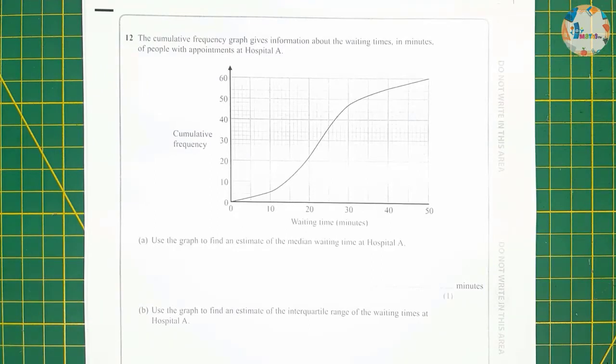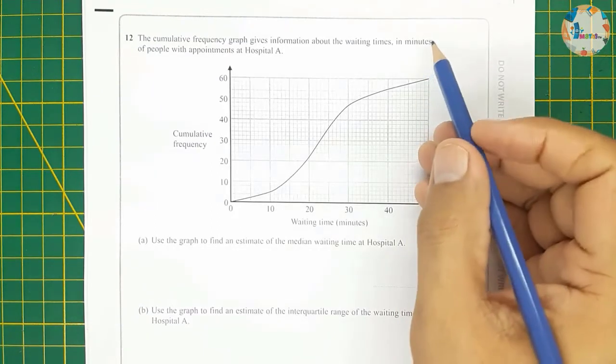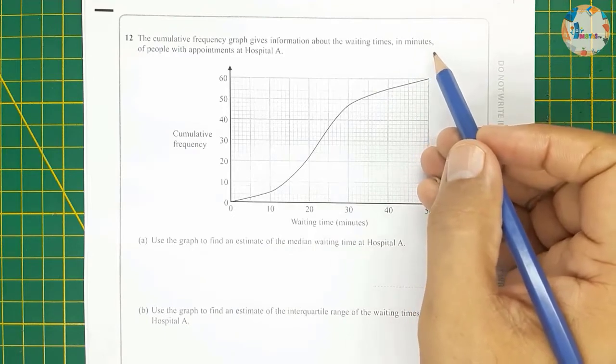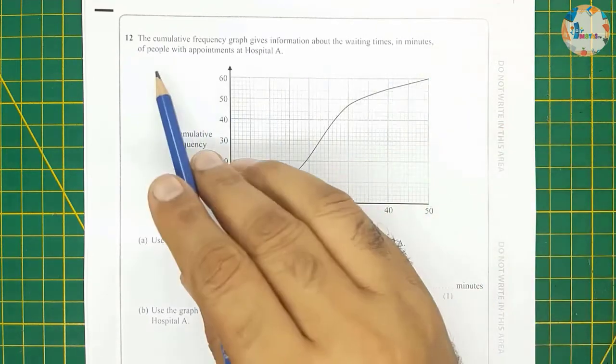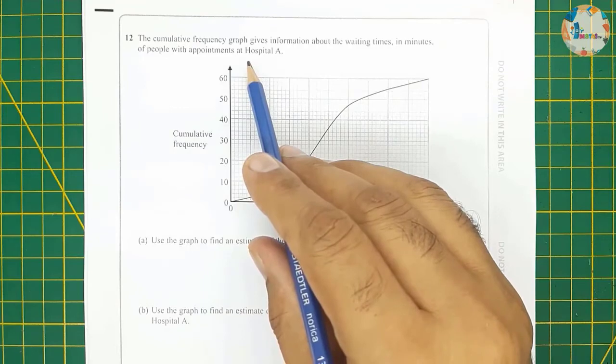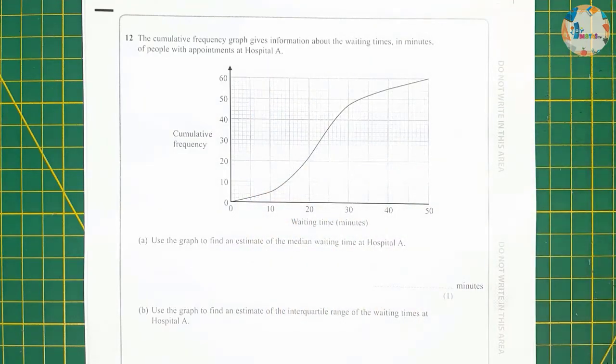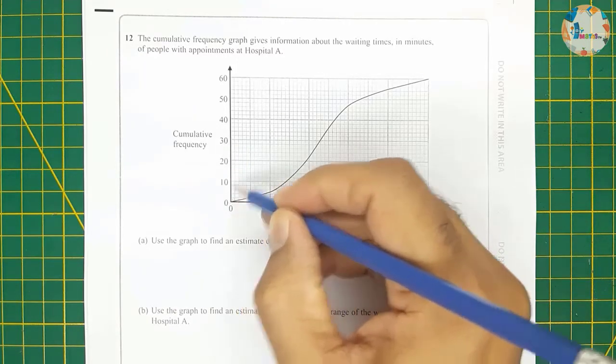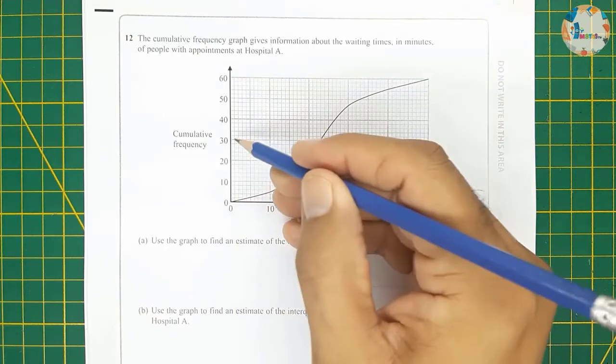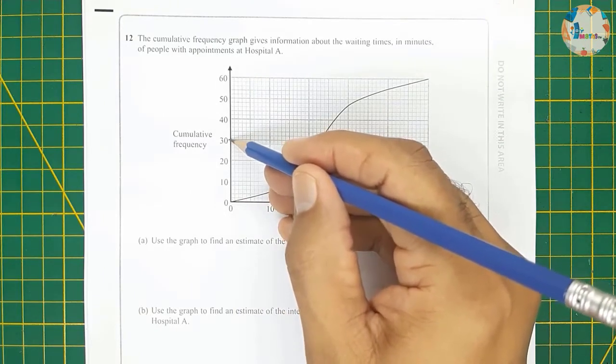Question number 12. The cumulative frequency graph gives information about the waiting time in minutes of people with appointments at hospital A. Use the graph to find an estimate of the median waiting time at hospital A. Median will be the middle value, so 0 to 60 we will be taking the middle of this one.